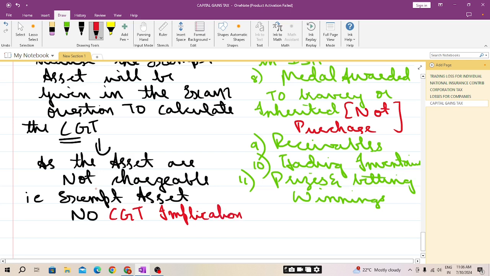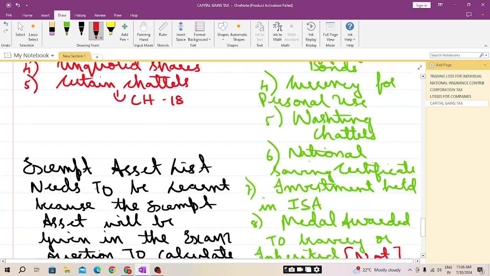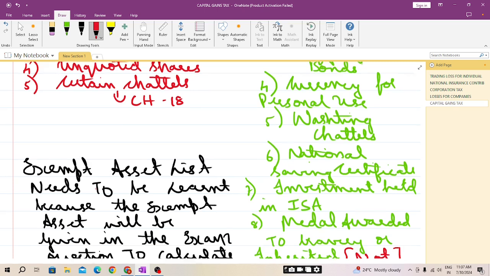The list of the exempt assets needs to be learned because, students, the question will comprise 2 to 3 assets being sold, and one of the assets will be exempt, and the question will specify to calculate the CGT. But on the exempt asset, we will not calculate CGT because it is an exempt asset. It is not a chargeable asset, student.